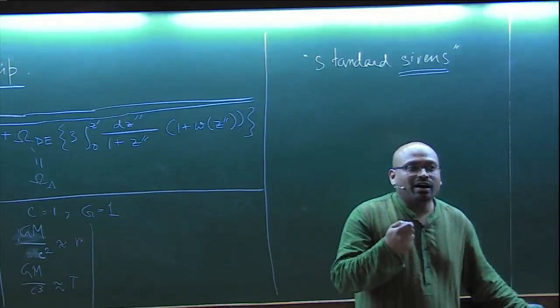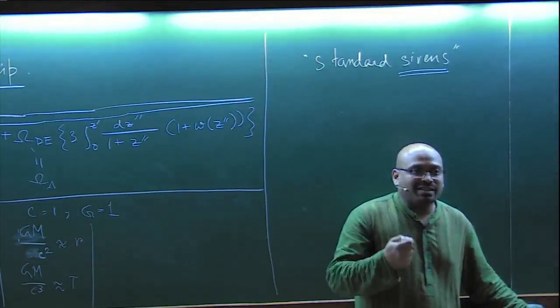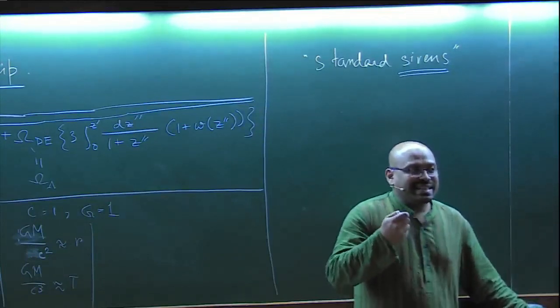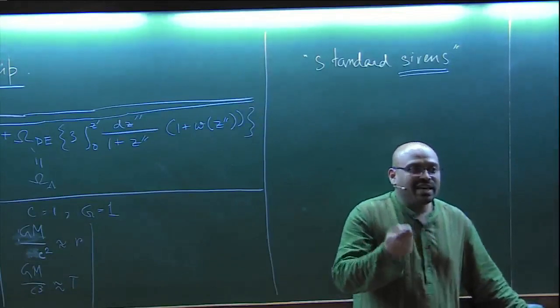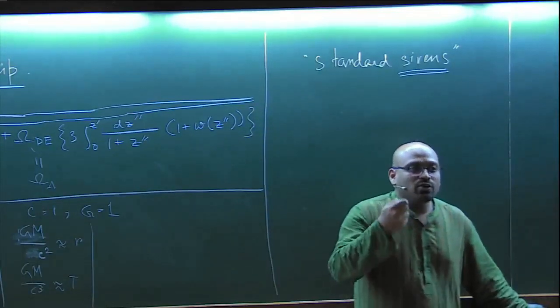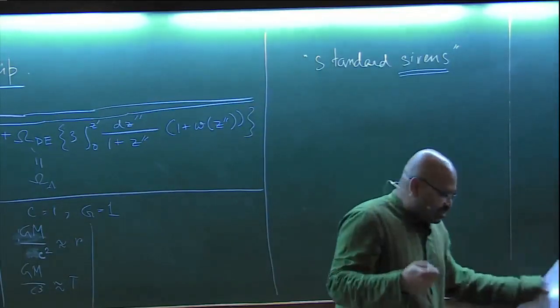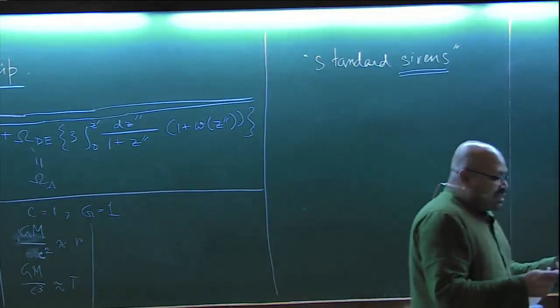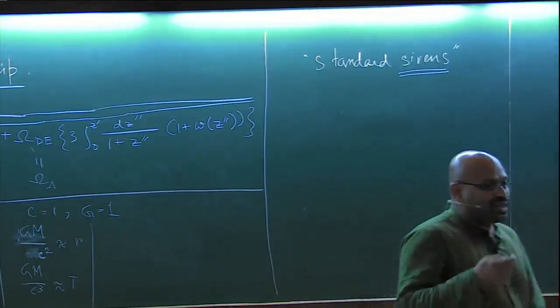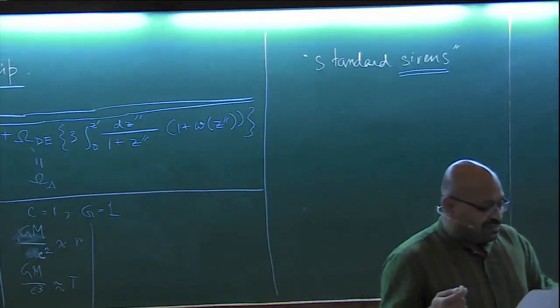So you know that they occur at a certain time, so they have a certain characteristic intrinsic frequency. If you measure a different frequency, you know that it's been redshifted. So there can be signatures in neutron star waveforms from which you can infer the redshift.